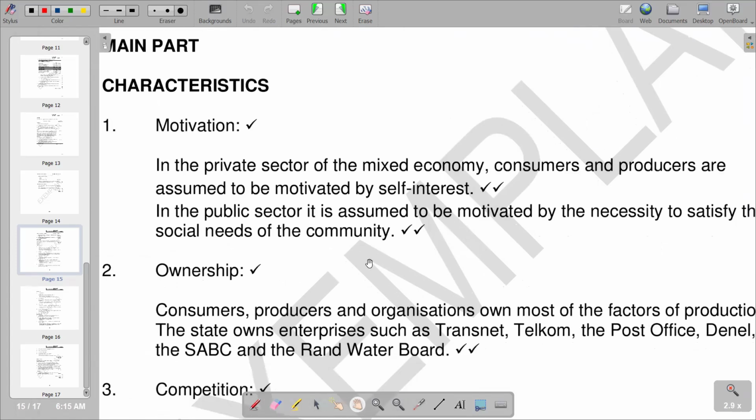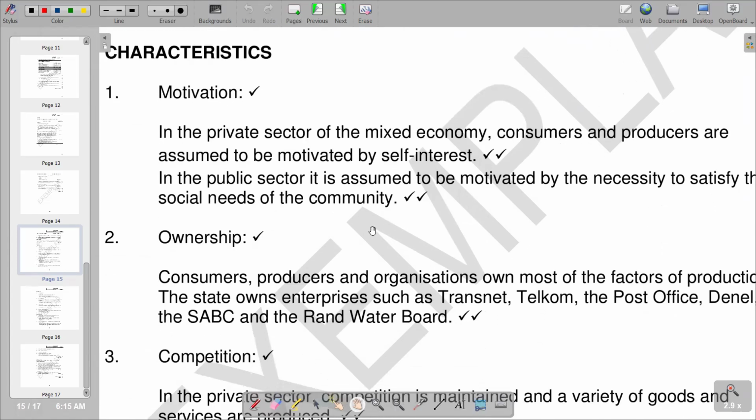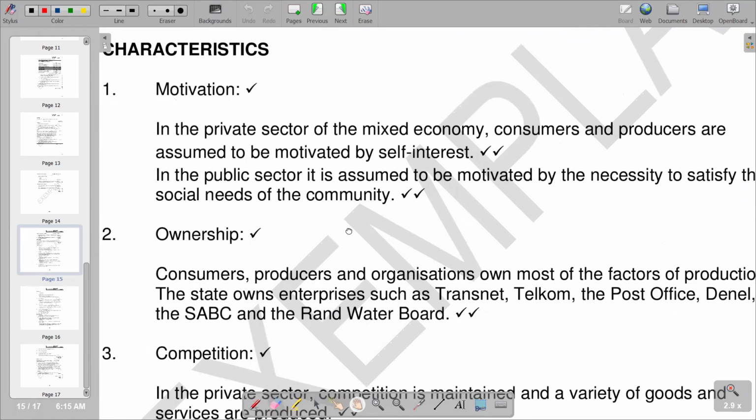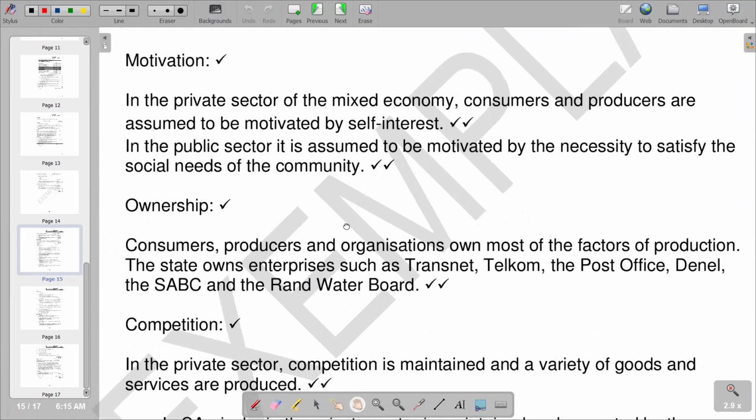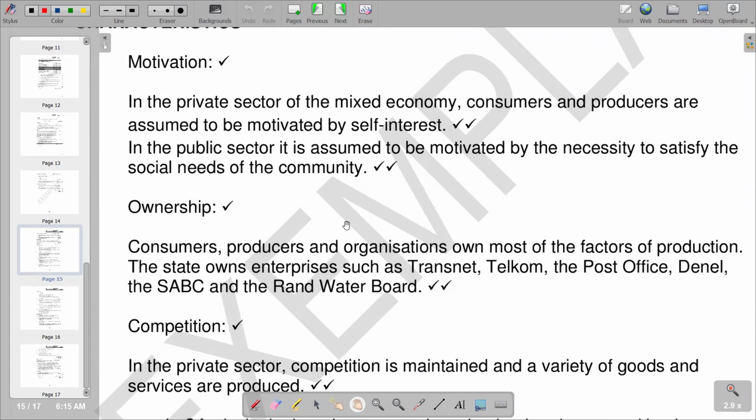Then in terms of ownership, consumers, producers, and organizations own most of the factors of production. The state owns enterprises such as Transnet. So you see now, the first part, consumers, producers, organizations own most of the factors of production, describes the market economy. Then the second part, the state owns enterprises such as Transnet, is about the centrally planned economy.